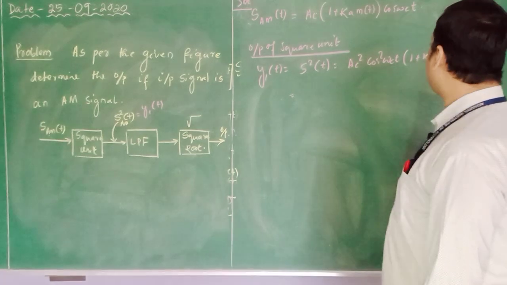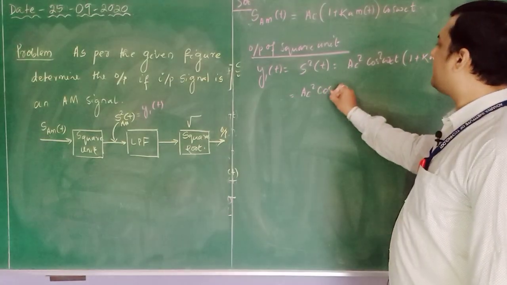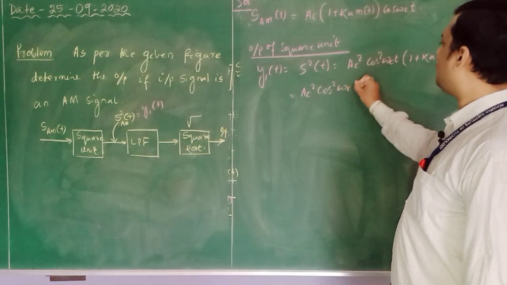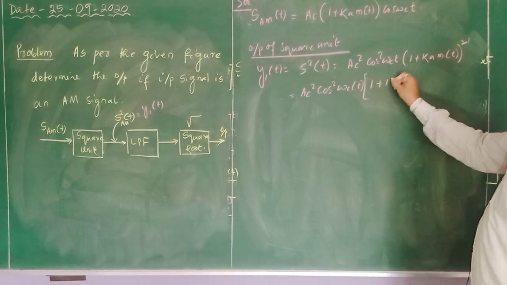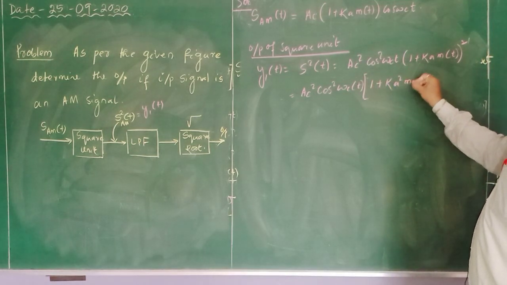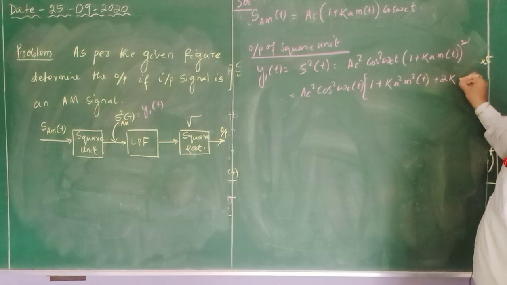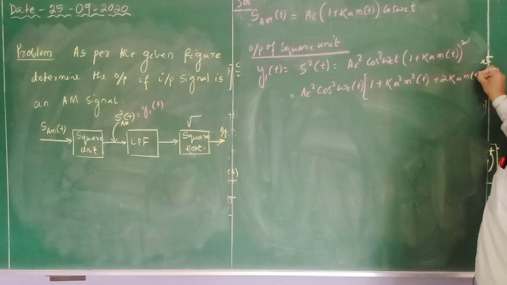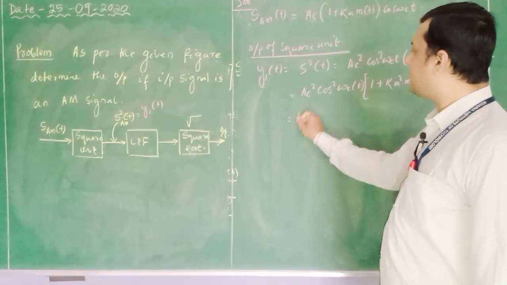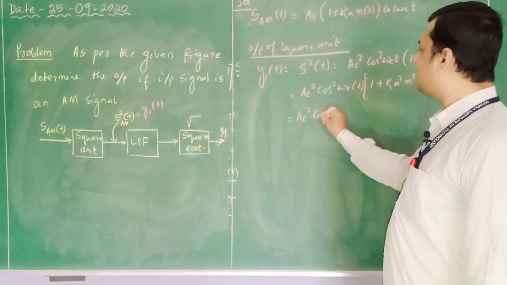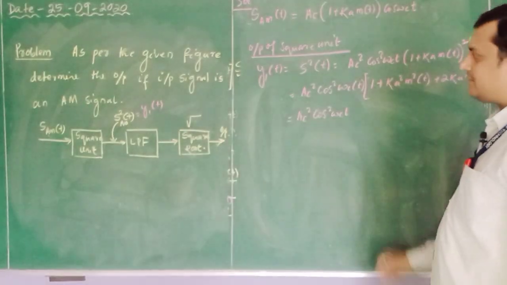If I expand this relation, I will get Ac square cos square ωct whole times [1 + ka square m square of t + twice ka m of t]. Then expand it again. The first component is Ac square cos square ωct with 1.